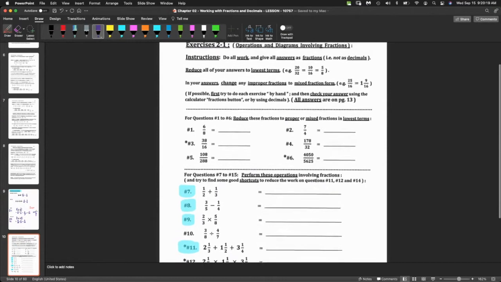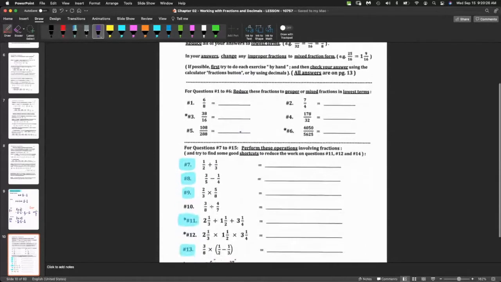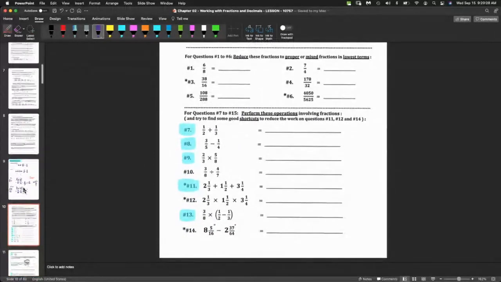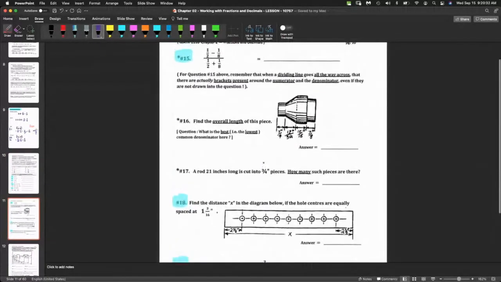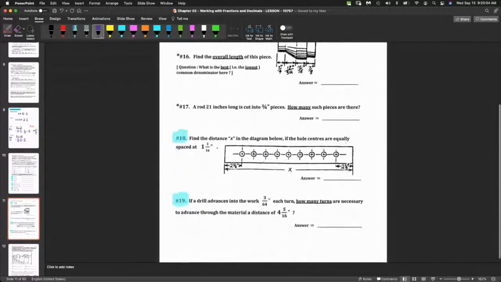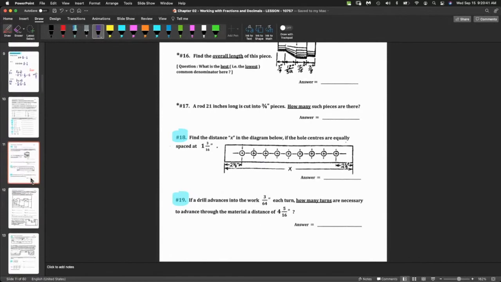Anyway, so yeah, here are some questions that you can find on page 9. So what I've done is I highlighted a bunch of questions, see, 7, 8, 9, 11, 13, and they carry over, and there's questions with diagrams, a lot of diagrams here, see that? So the blue ones, these are just like the ones in your notes. I've highlighted all the ones that I'd like to try with you today, but obviously there might not be enough space.